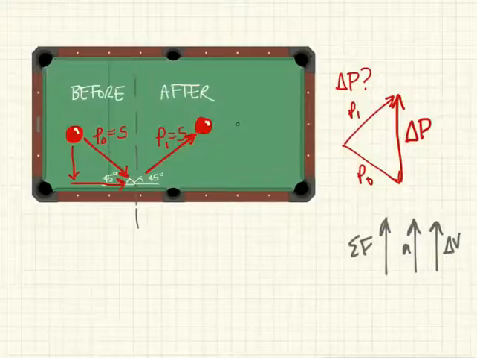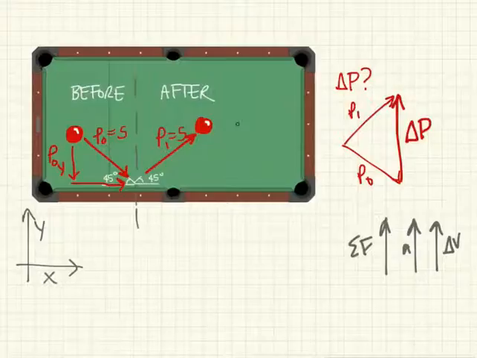We'll set up the y-axis going in this direction and the x-axis going in this direction. Then we have a component of the initial momentum in the x direction going this way.